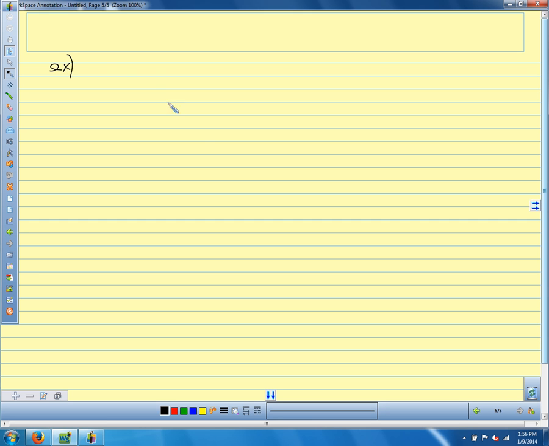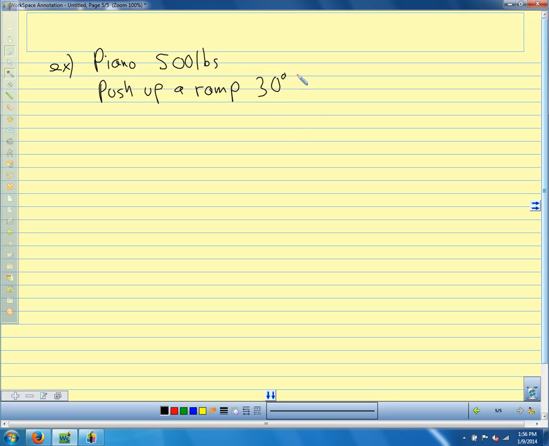Okay. So for this problem, we have a piano. It weighs 500 pounds. And we want to push it up a ramp. And the ramp is at 30 degrees with the horizontal.